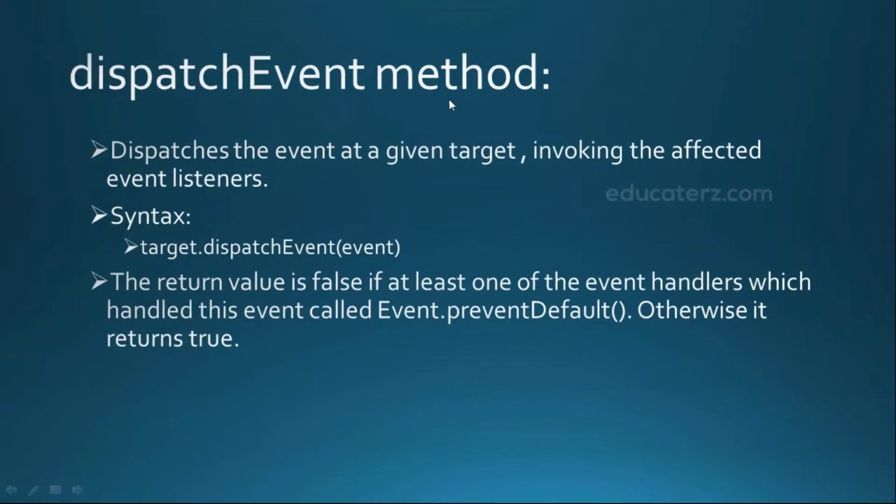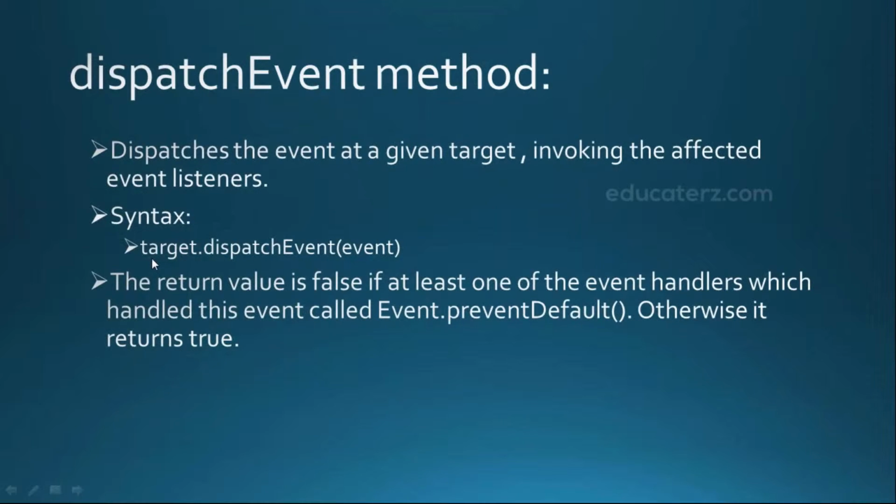So coming to the dispatchEvent method, apart from the user actions, we can also trigger events, in the sense of dispatching events explicitly from the code itself. Here in the example syntax, we have target.dispatchEvent(event type).